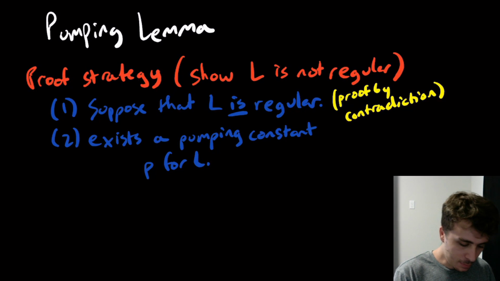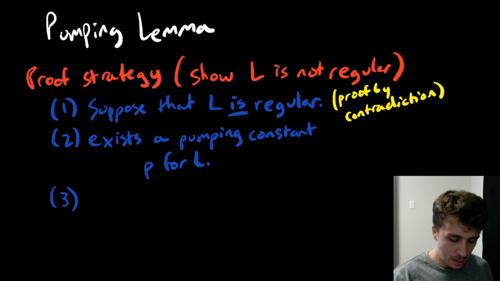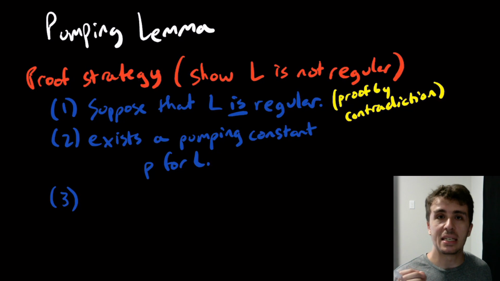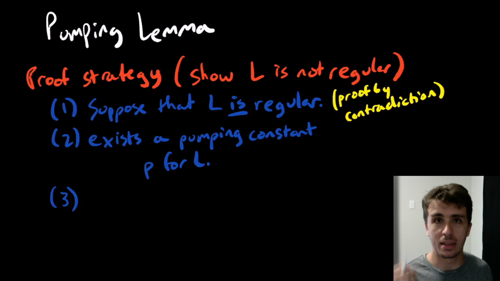All right, so what we need to do is to think about how we're going to actually prove this here. Well, the lemma says that we can pump every single string in the language having length at least p. The lemma asserts we can pump every single one.